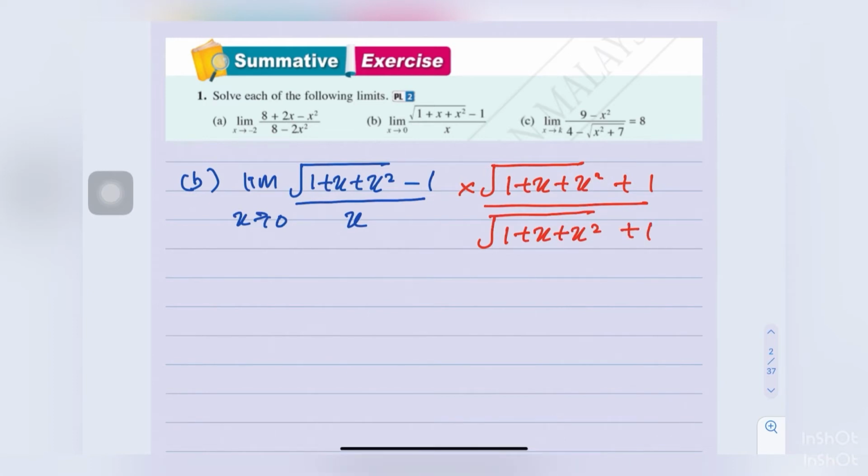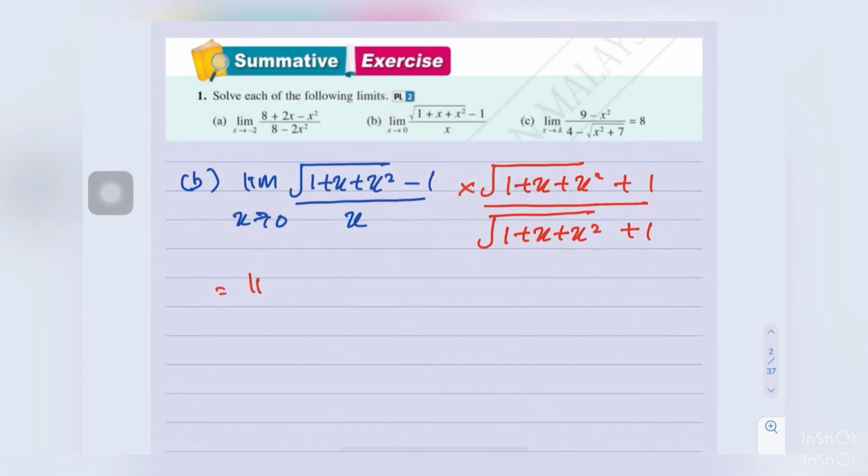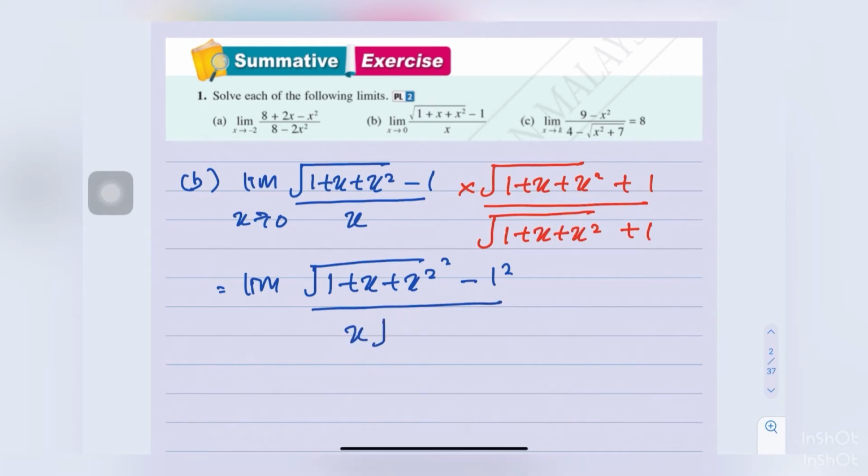We can simplify: the numerator becomes square root of (1 + x squared), squared, minus 1 squared, over x times the square root of (1 + x squared) plus 1.